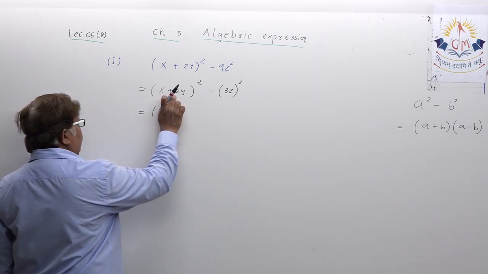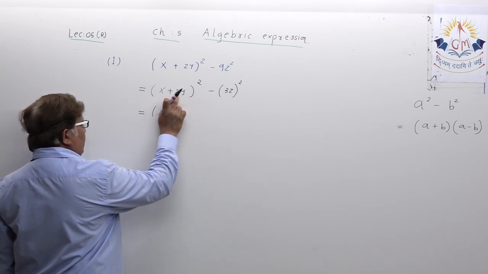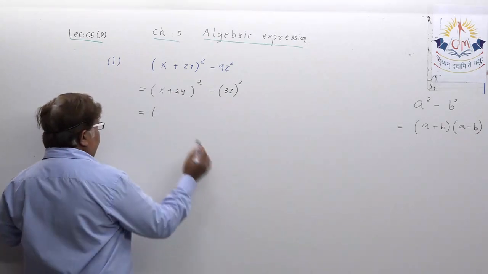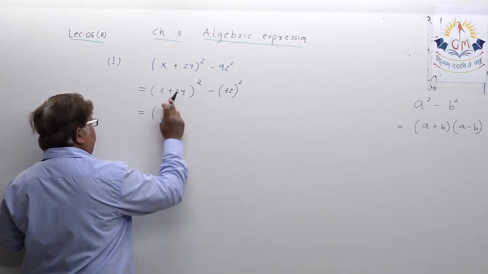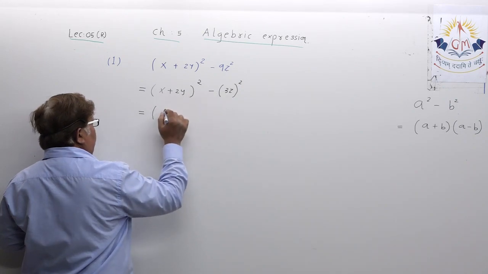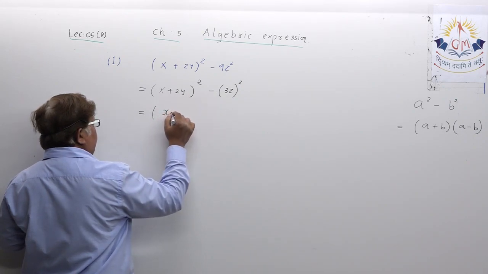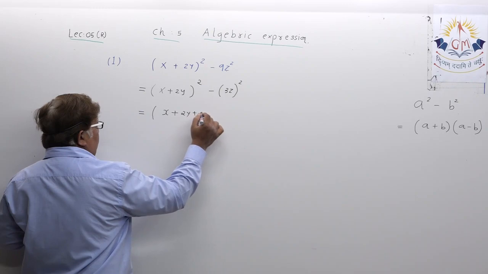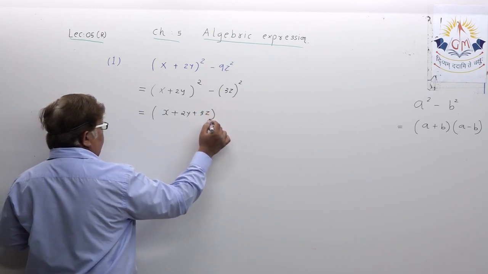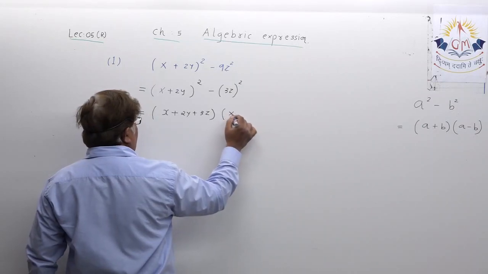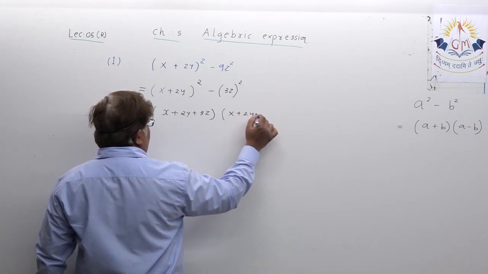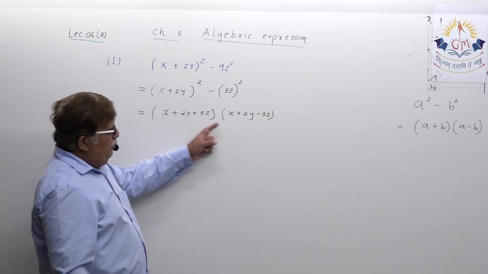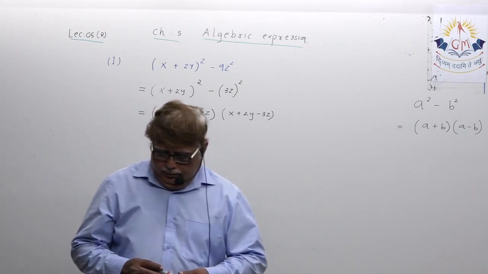I will consider this as A, this as B. So as per the format, A plus B. Please concentrate, dear student. A means x plus 2y. A plus B and A, A is x plus 2y, A minus B. So you got it. A plus B, A minus B.